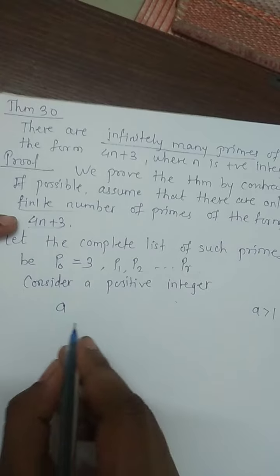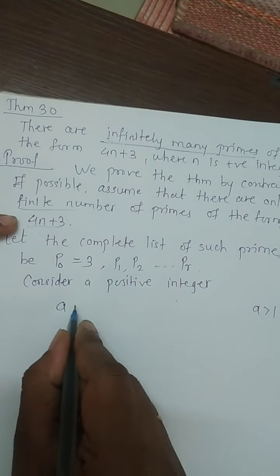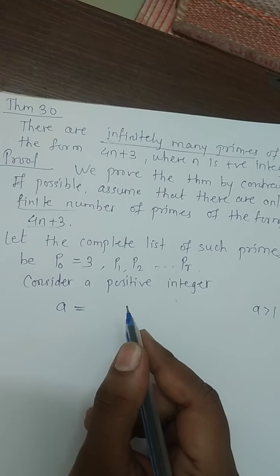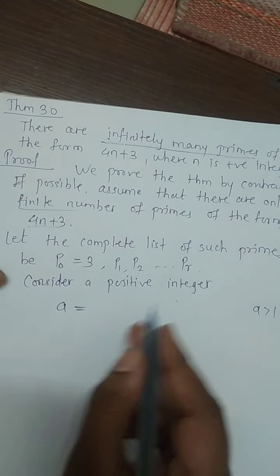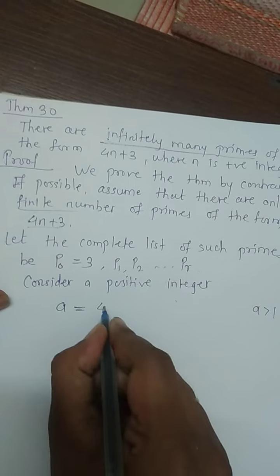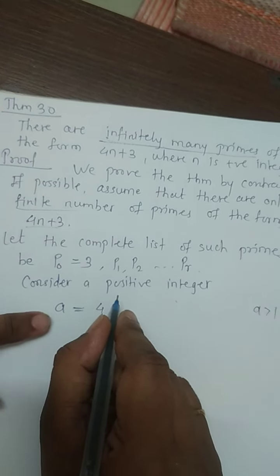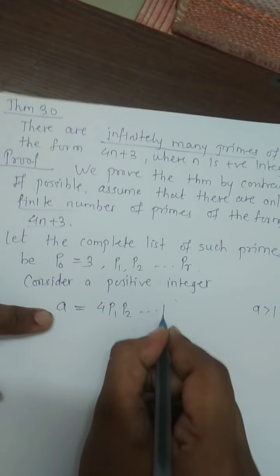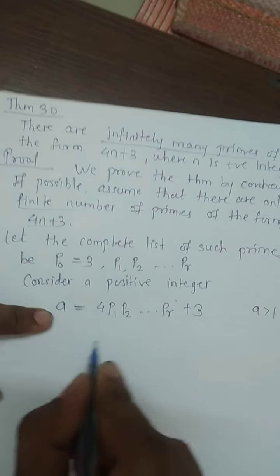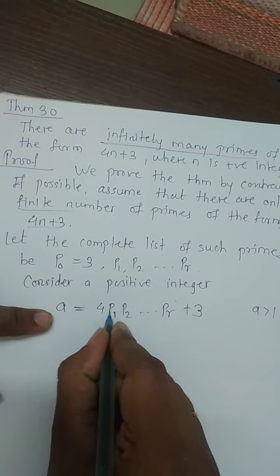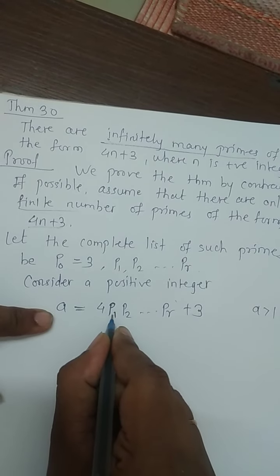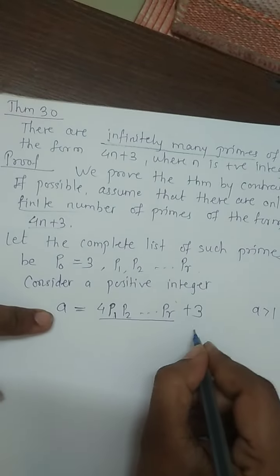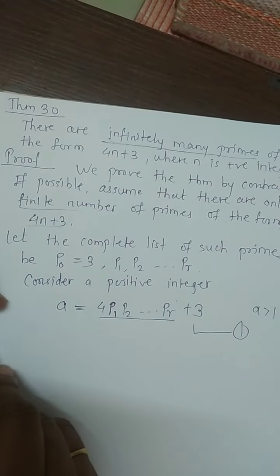Yes, we can write A as a product of primes, and we can also write A as 4 p1 p2 up to pr plus 3. So you see here we are starting from p1, not from p0. Okay, call this as equation 1.